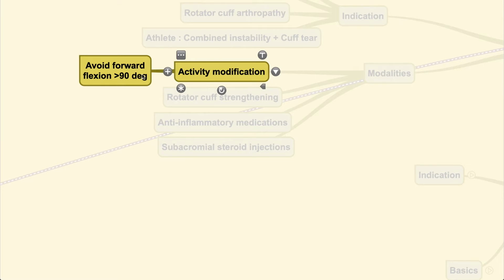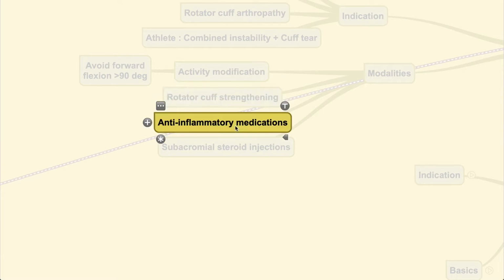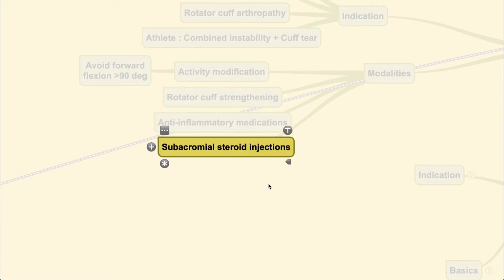We have known that certain positions of the shoulder, such as flexion and adduction, will decrease the space available under the acromion. Other modalities include strengthening of the rotator cuff muscles, using anti-inflammatory medications, and giving subacromial injections.